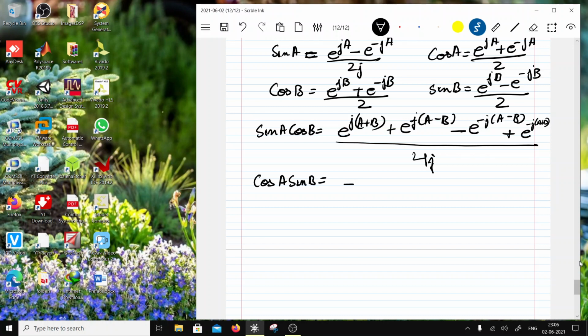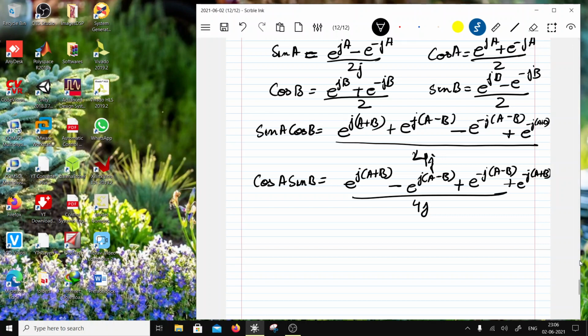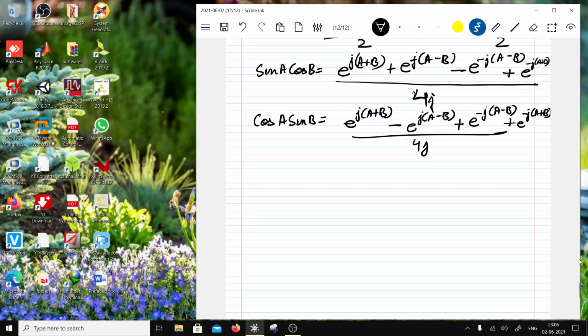This will be e raised to j a plus b, minus e raised to j a minus b, plus e raised to minus j a minus b, plus e raised to minus j a plus b, by 4j.